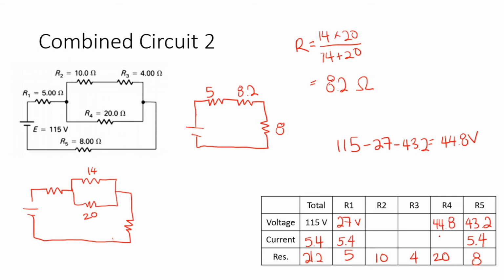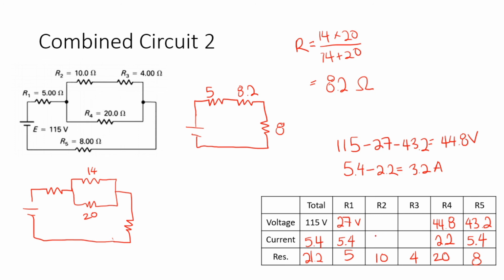Okay. And if I want to find the current across R4, 44.8 divided by 20 gives me 2.2-ish. Excellent. So now I know that I had 5.4 amps coming up to that parallel branch, and that 2.2 amps went to the bottom part. So to find the part that went to the R2 and R3, 5.4 minus 2.2 equals 3.2 amps.